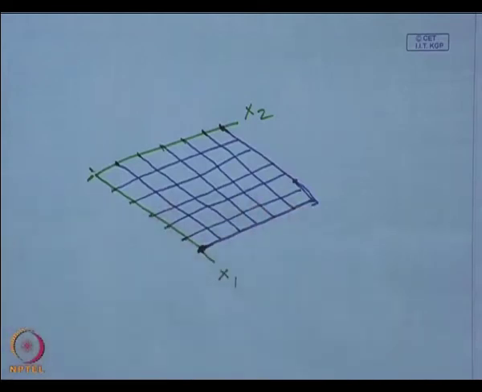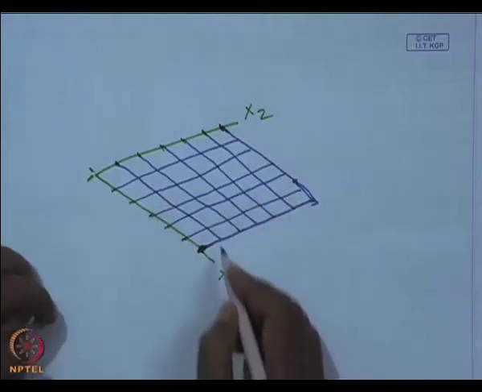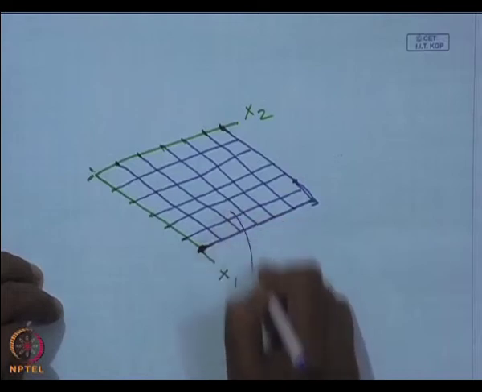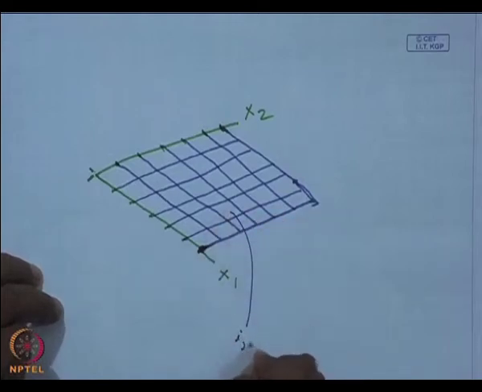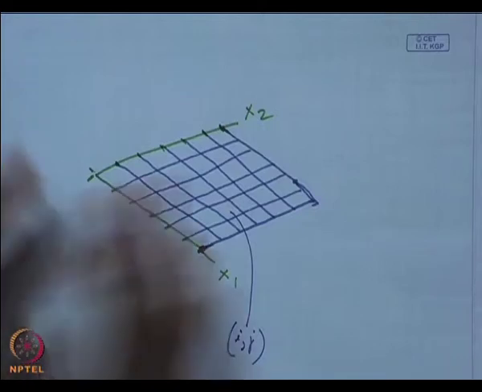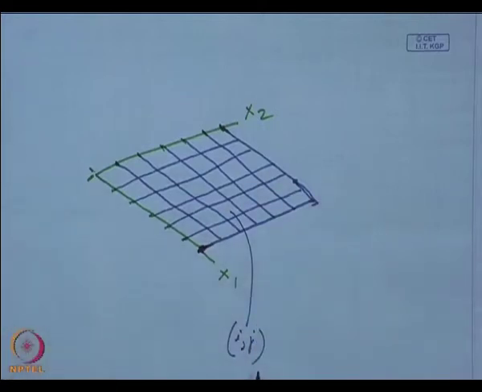So, as we have done in 1 dimension, here I will take a cell, say the ijth cell, because it is in 2 dimensions, so I have to have 2 indices, unlike a single index in the one dimensional case.